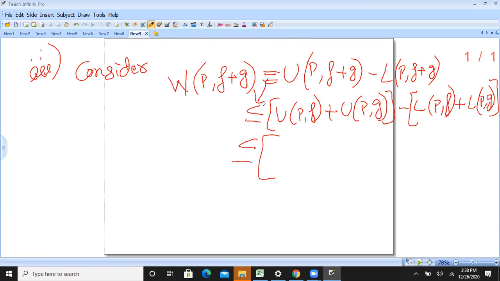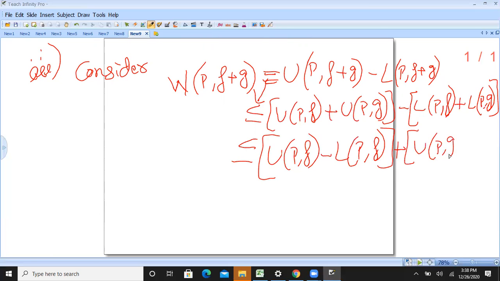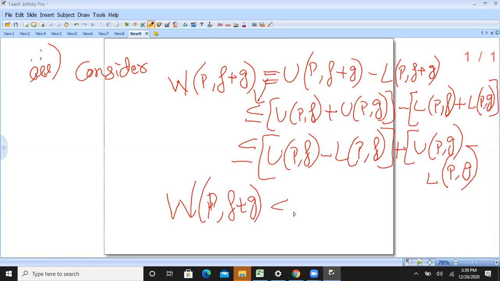We do this: U(P, f) minus L(P, f) plus, in the closed interval, U(P, g) minus L(P, g). So therefore W(P, f plus g) is less than or equal to the whole term.